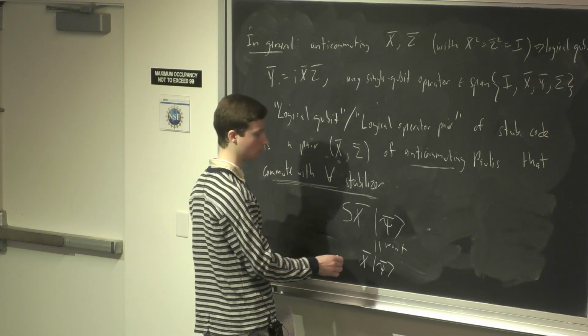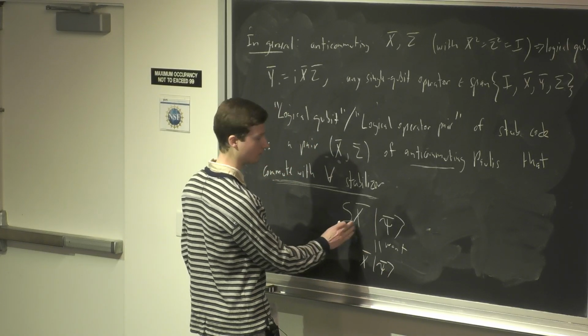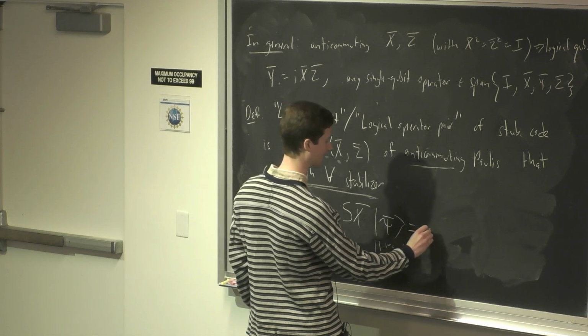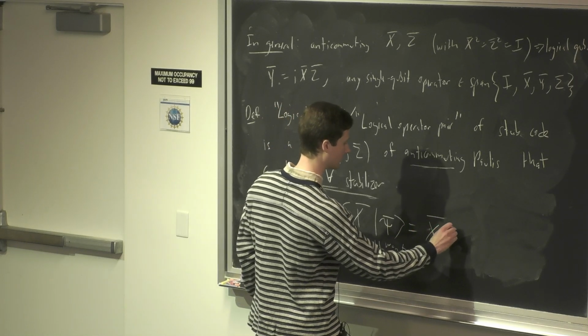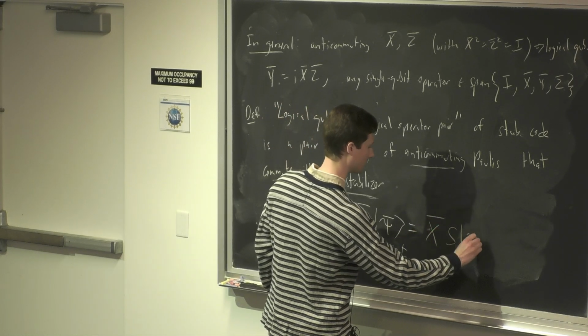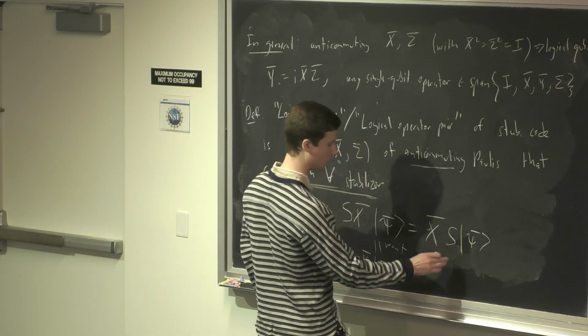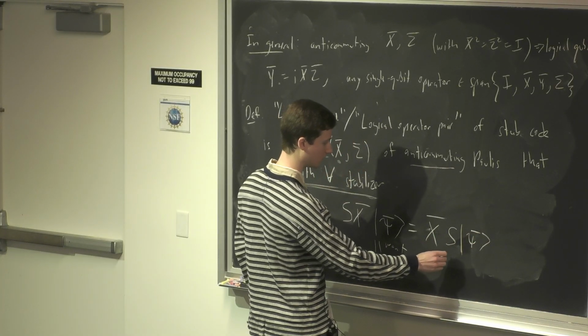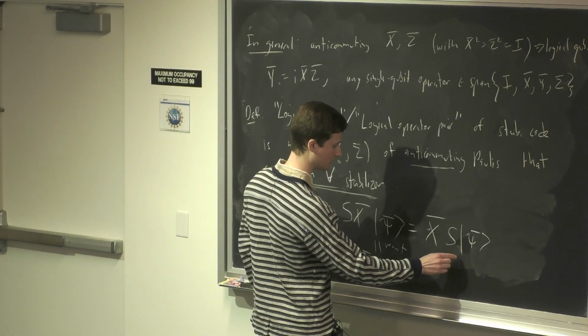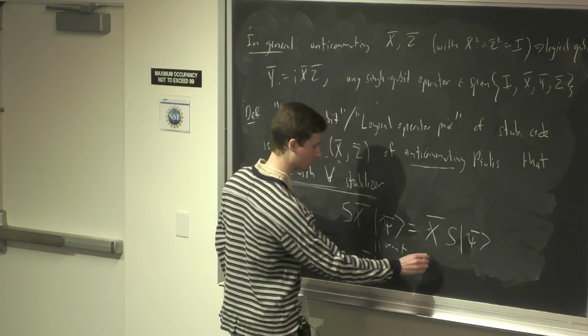If this is true, then we're a code state. We just commute x bar past our stabilizer, and then we know that stabilizers do nothing to code states. So essentially, this state is equal to this state.